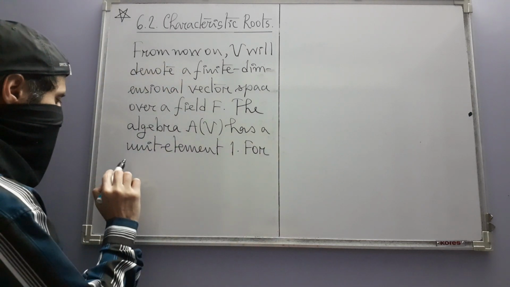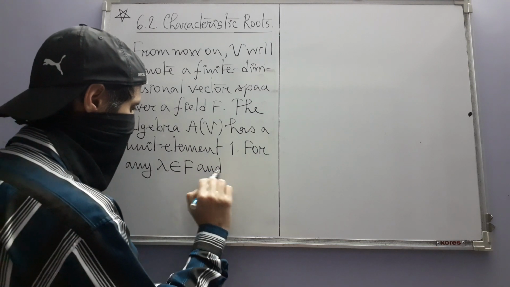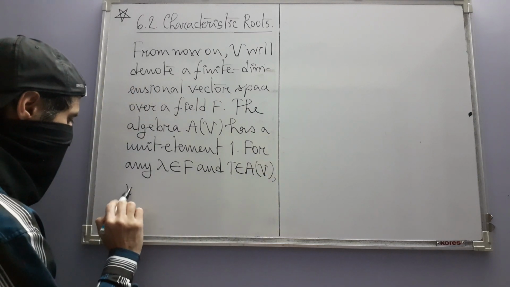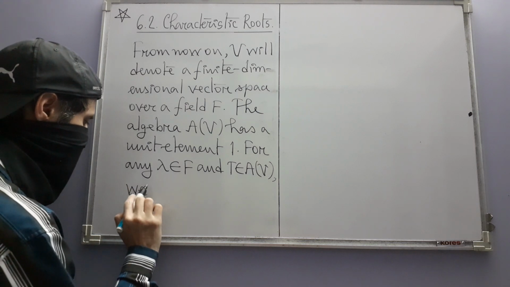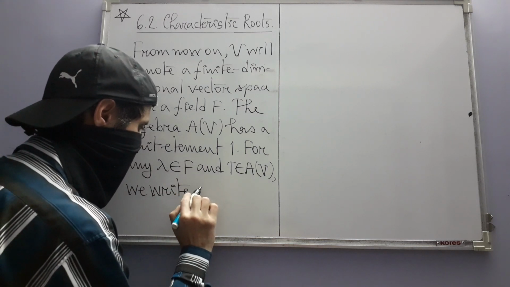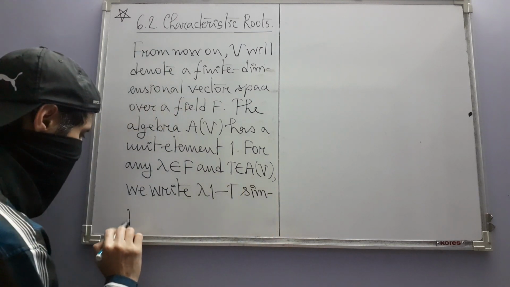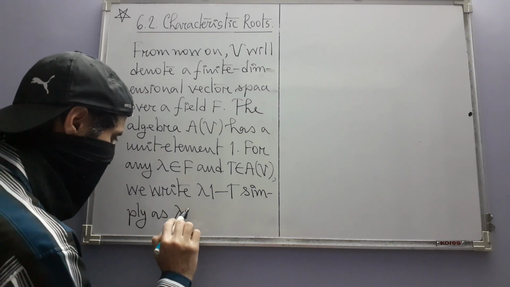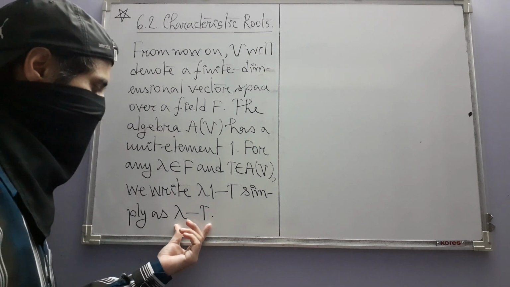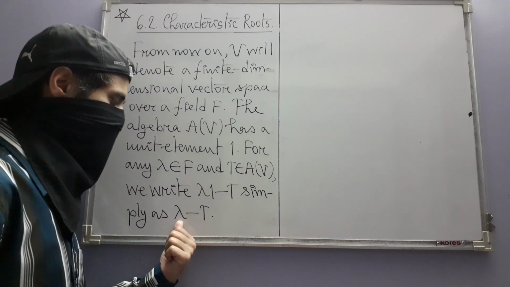Finally, for any scalar lambda and any operator T on V, we write the operator lambda 1 minus T simply as lambda minus T. Without this new notation, this by itself will be meaningless because we cannot subtract an operator from a scalar.